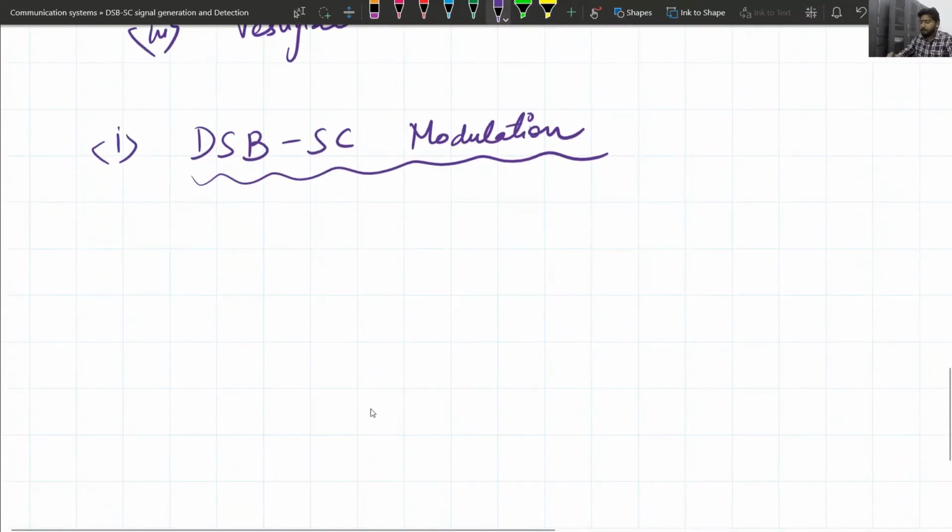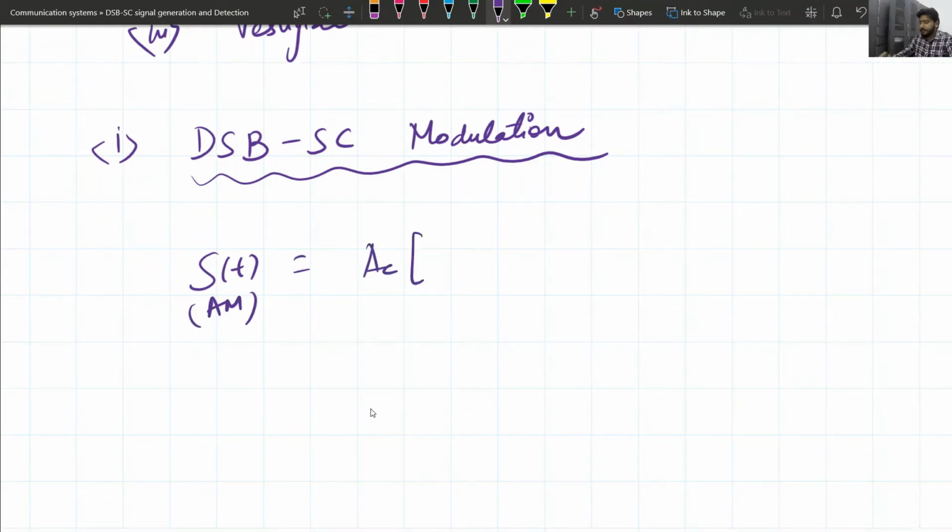Now the amplitude modulated wave is given as, right now we are talking about the AM wave, Ac times 1 plus Ka, where all the symbols are known quantities.